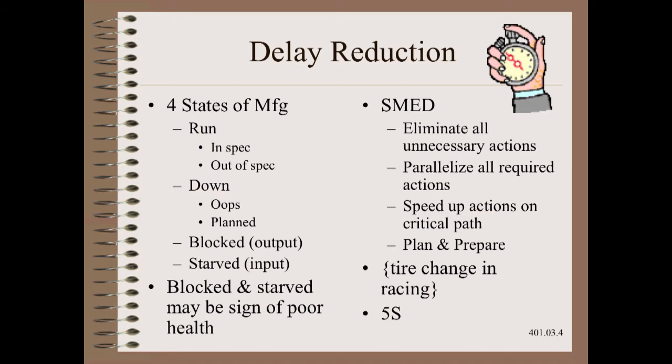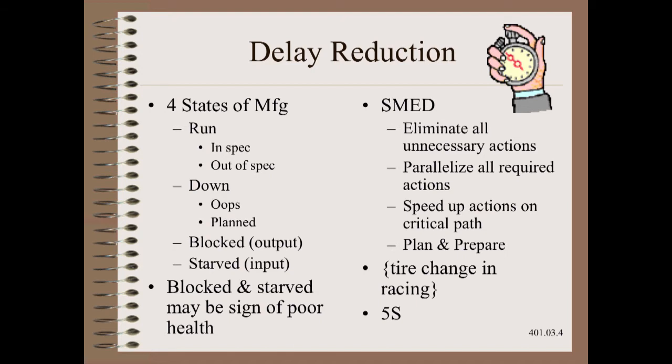Another very useful tool is SMED. This process begins with simple concepts like eliminate unnecessary actions, parallelize all remaining actions, speed up those actions on the critical path, and finally, plan and prepare for when you must go down. A well-known example of this process is changing tires during an auto race pit stop.